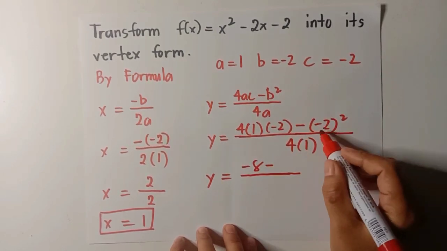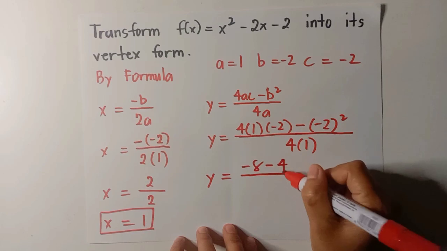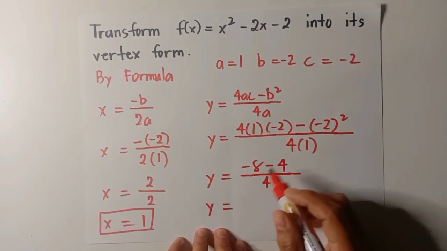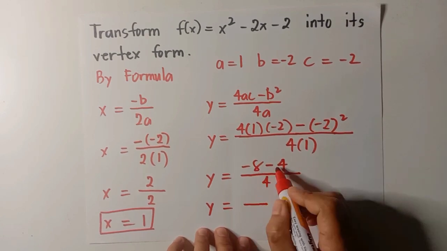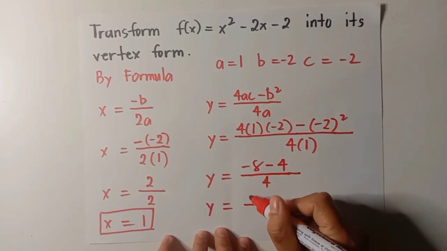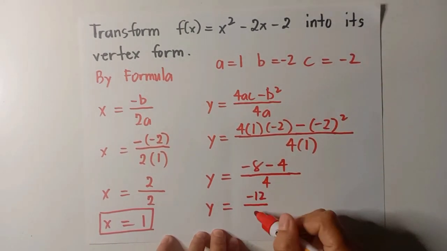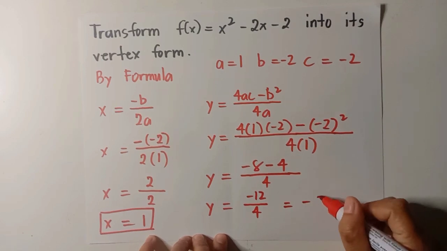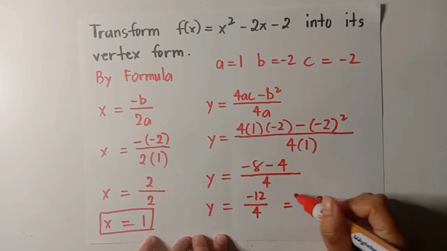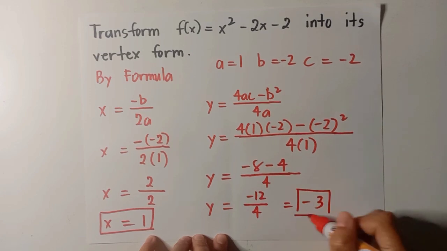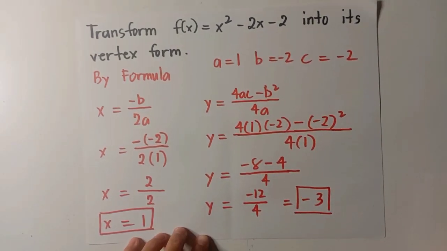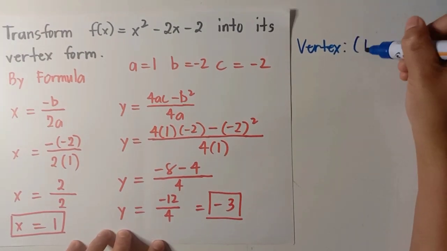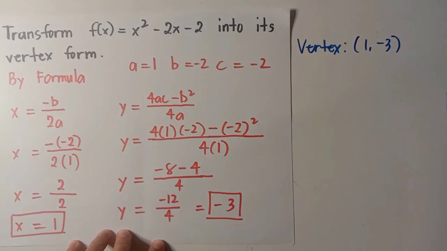Minus the square of negative 2, that is 4. 4 times 1, 4. So y is equal to negative 8 and negative 4. That is negative 12 divided by 4. Negative 12 divided by 4 is negative 3. So the value of our y is negative 3. Therefore, our vertex is 1 and negative 3.